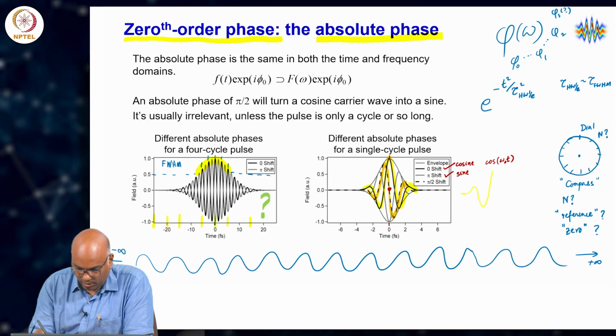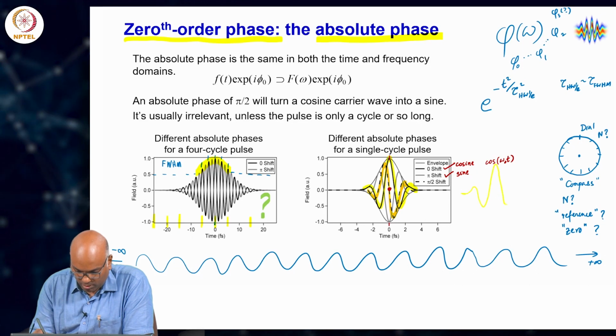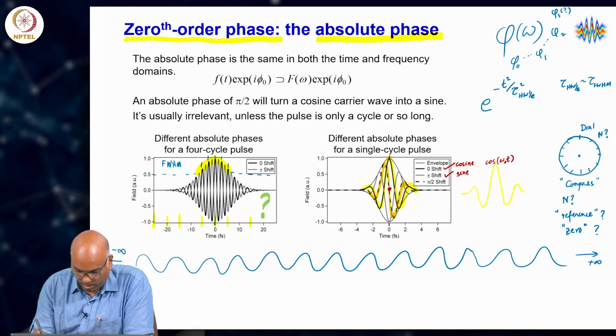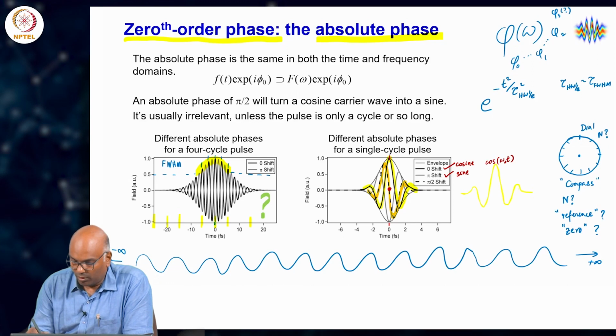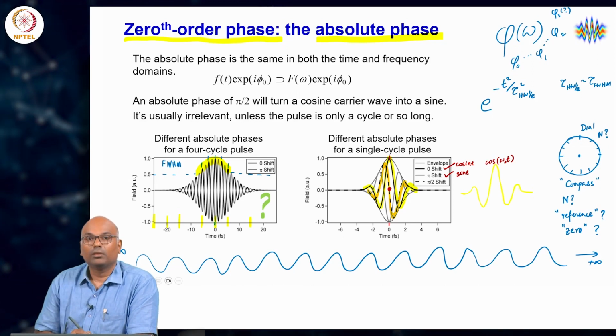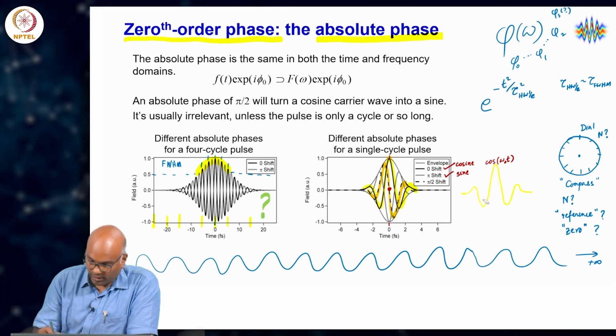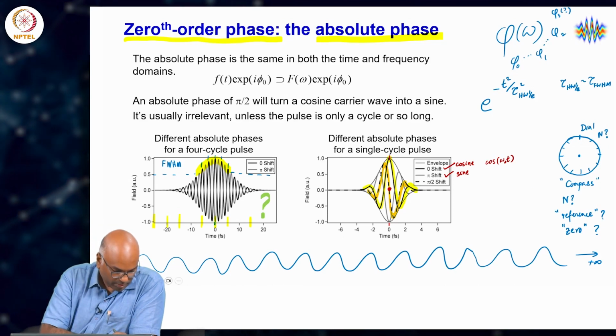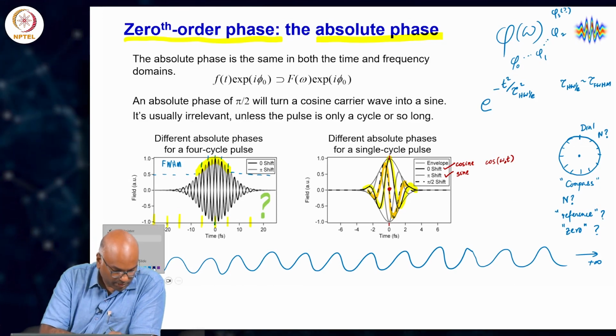Let me try to sketch this. It has this sort of a field variation. Sorry, bad choice of color. Try to keep it consistent.